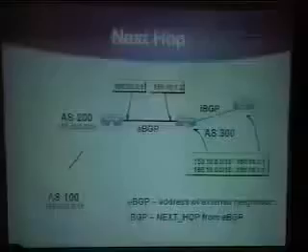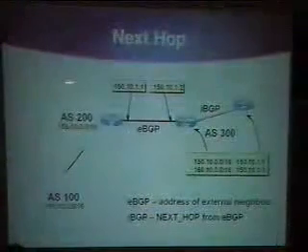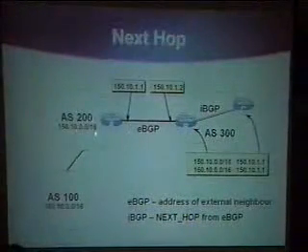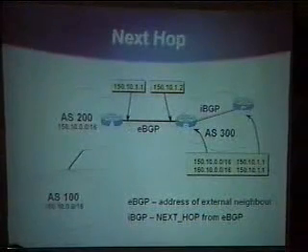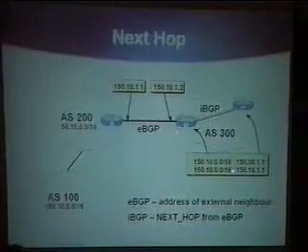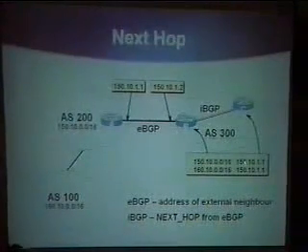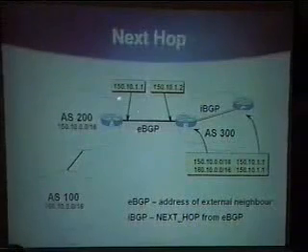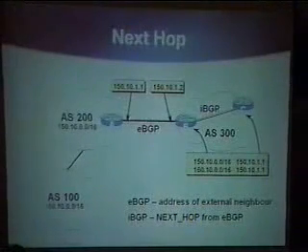The next hop. Well, the next hop is basically the neighbor address you need to get somewhere. So for example, AS200 originates this network, 150.10/16. It will pass it on to AS300. So you look in router B, I hear 150.10/16 from 150.10.11, which is the IP address of this point-to-point link.